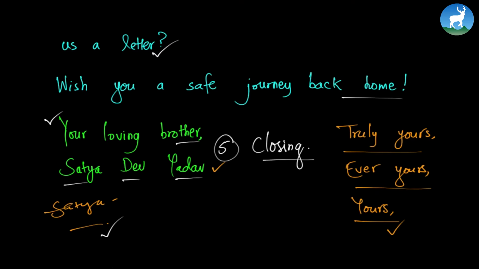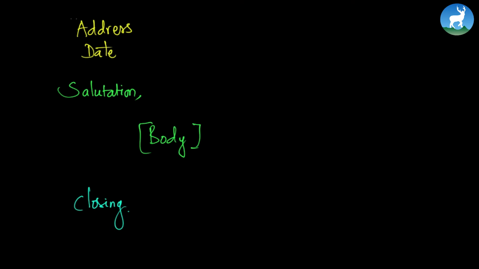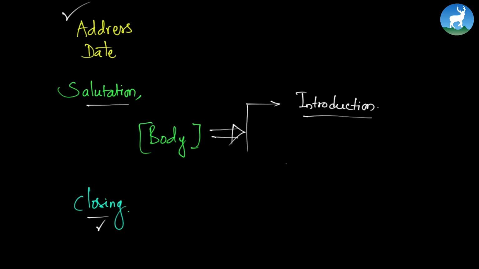Now let's go once again and study about the body. So this is the basic format, right? We have address, then we have date, we have salutation, and we have the body, and finally we have closing. The paragraphs in the body as a whole can be divided into 3 distinct sections. The first one is called introduction. Now in this introduction section, you're going to introduce the topic. You are going to ask some questions. You are being nice and polite and all that.